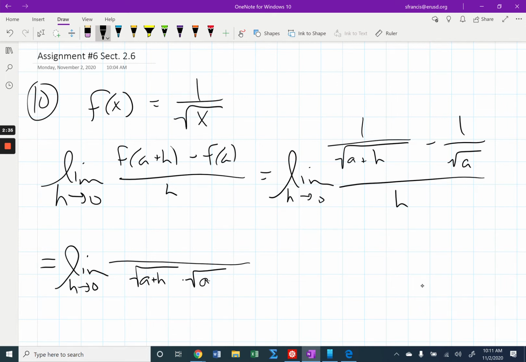Now, technically, this is all still over h, but remember, that means that h just becomes a factor of the denominator, something else we talked about in our notes already. And then over here, I need to multiply the numerator on the left by root a, and the numerator on the right by root a plus h. So we get this. And then from here, we're going to rationalize.